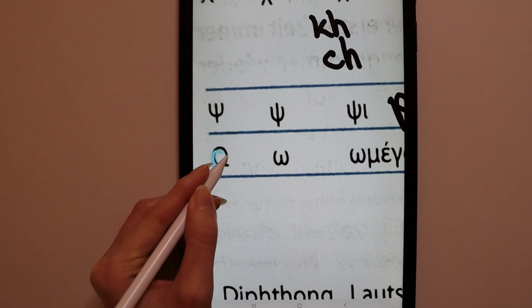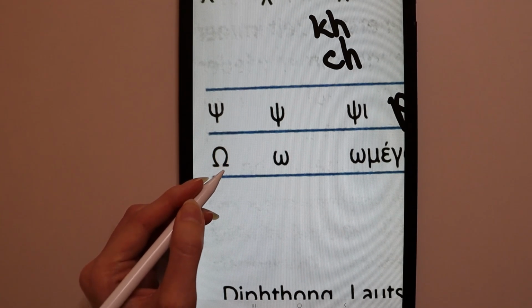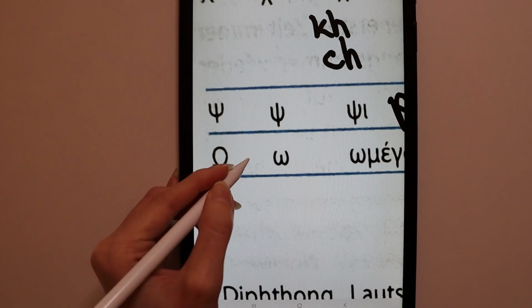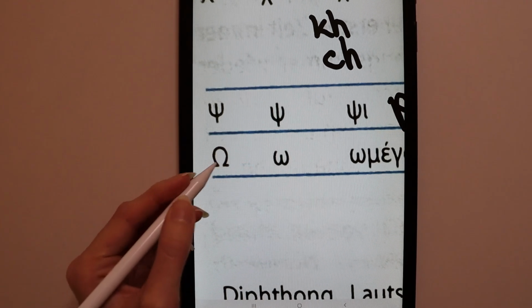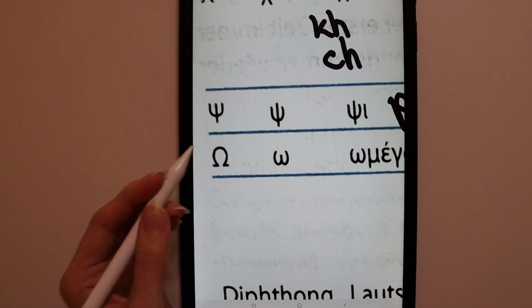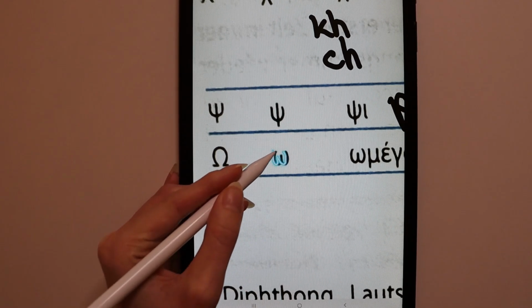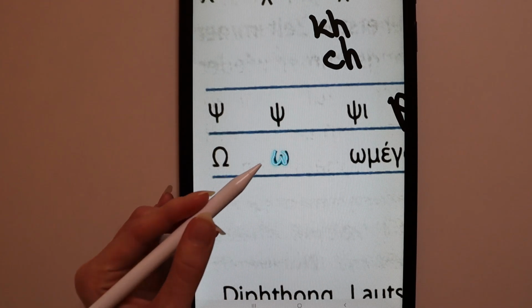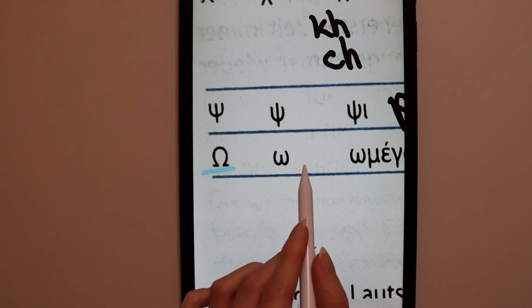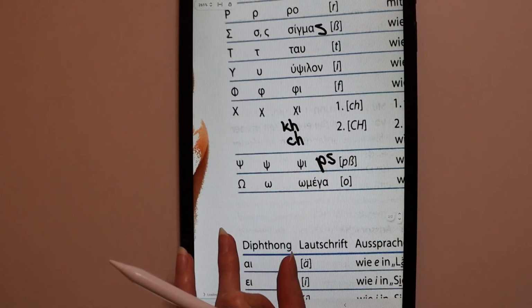And it looks like this in uppercase, or I think a lot of people also write it like this, because it's faster to write it like this. And this is the lowercase omega, which looks kind of like a W, but it's an O. And that's the last letter already.